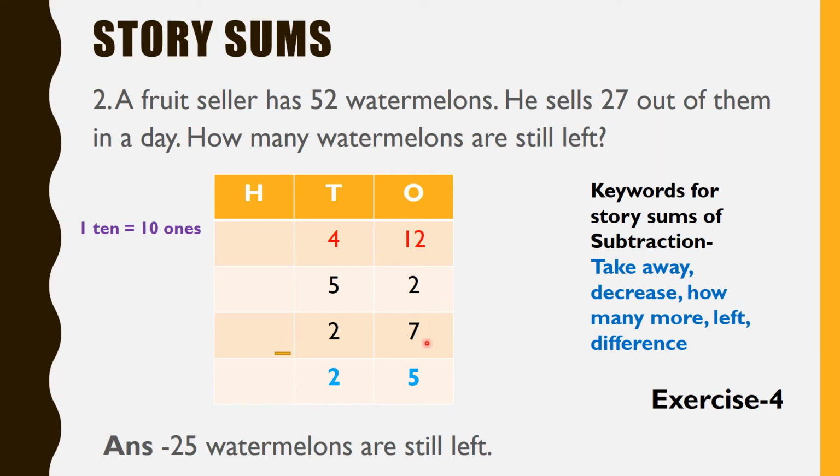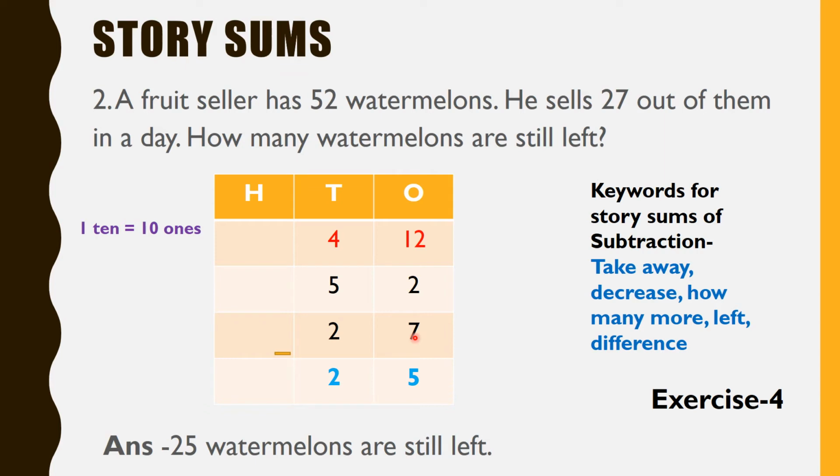Since 2 is less than 7, we cannot take away 7 from 2. So for this reason, we are going to borrow 1 ten from the tens place. So 10 ones from here and 2 ones from here will become 12 ones, right? Now from 12 ones we can easily take away 7.